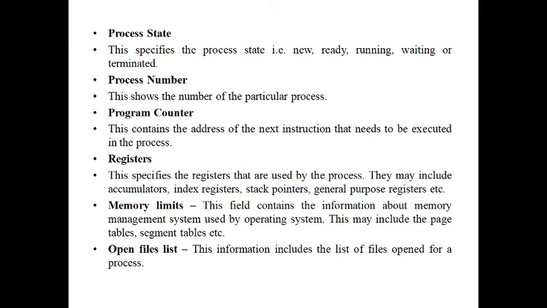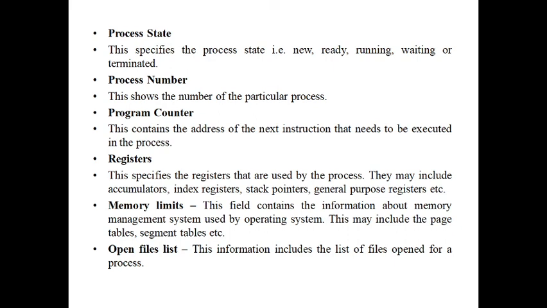This information includes a list of files opened for a process. For some process, a list of files has to be used, and those files will be opened to complete the process execution without any problem. That is nothing but the open files list.